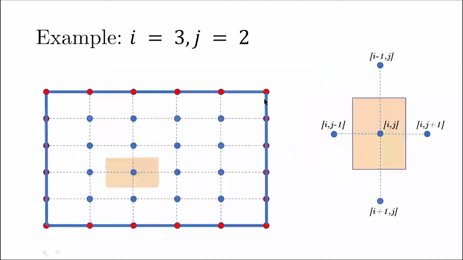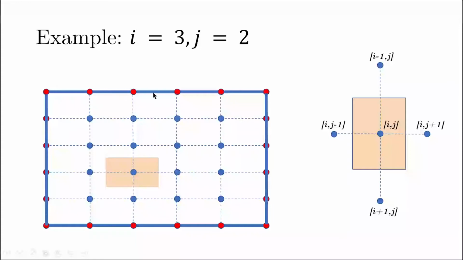So let us say that we have I equals 3 and j equals 2. Let us take this particular example and keep the right picture at the back of our minds. I equals 3 implies that the index of your row is 3.